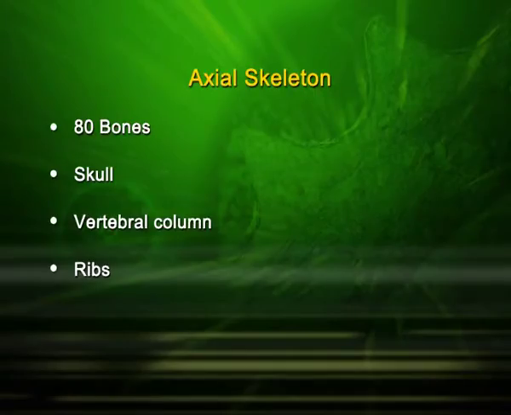There are a total of 80 bones which participate in the formation of the axial skeleton, and the areas covered by the axial skeleton are the skull, the vertebral column, the ribs, and of course, the sternum, which is part of the rib cage. These bones will make the axial skeleton.